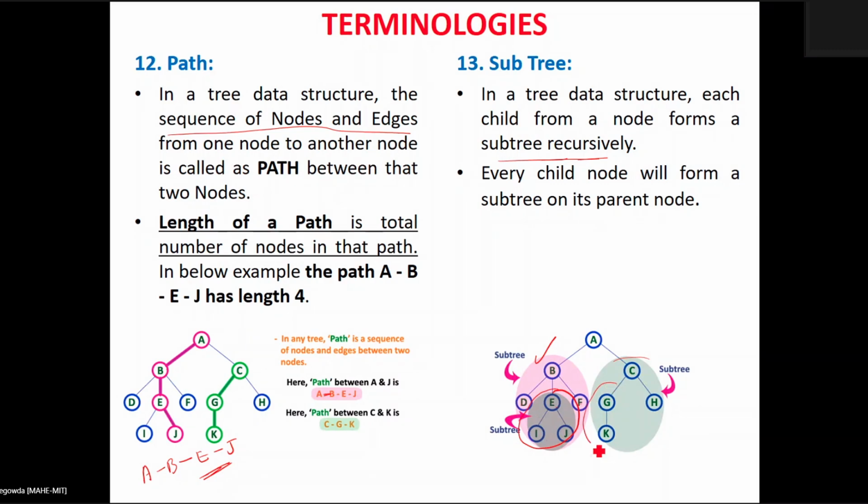If you want, G and K can also form another subtree. So each child node from a node forms a subtree recursively. These are some of the terminologies we are supposed to remember.